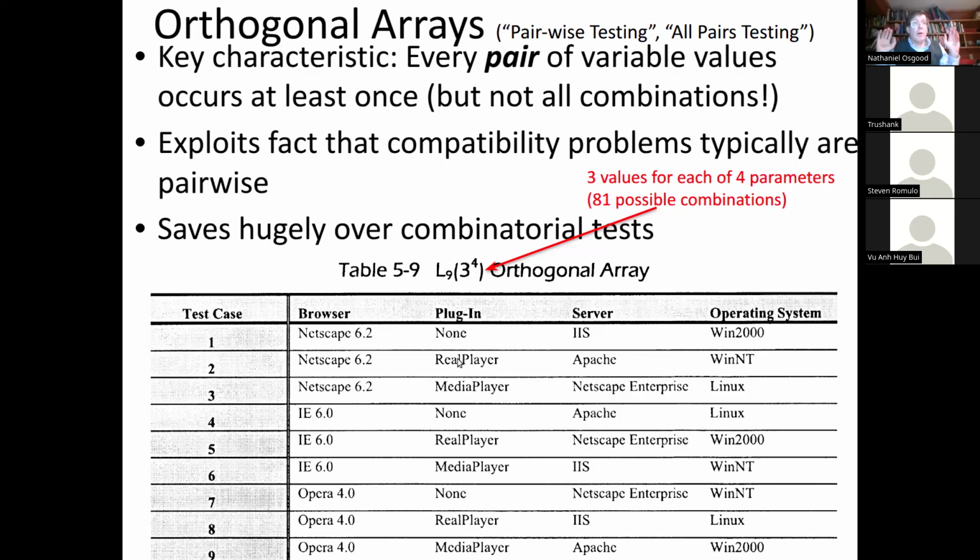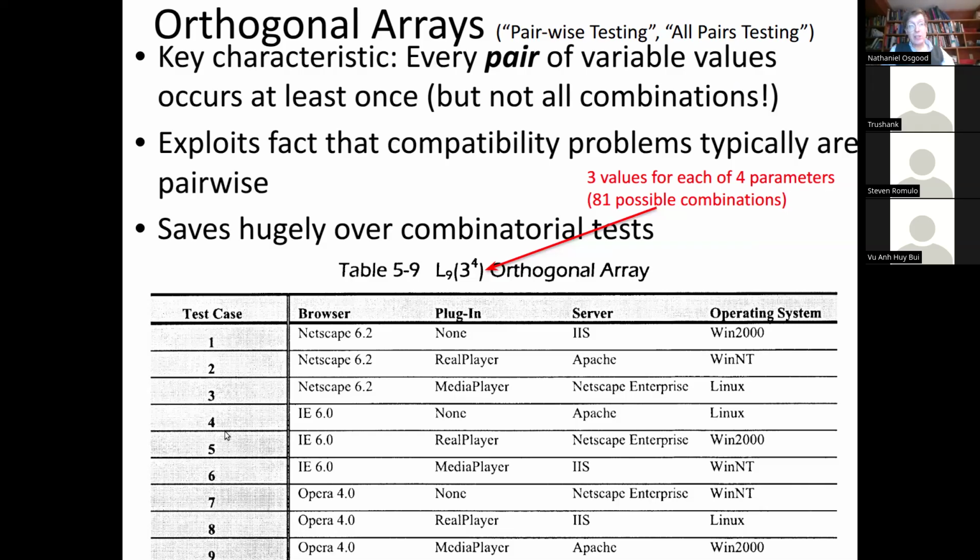That doesn't mean I've tested Netscape with Real Player with every possible operating system. No, no, no. I'm not making that promise. What I'm guaranteeing in an orthogonal array is that for any two columns here, I've tested that pair.